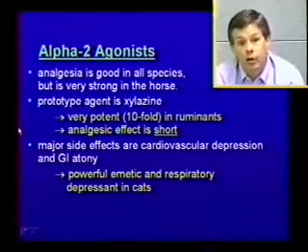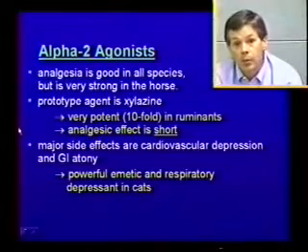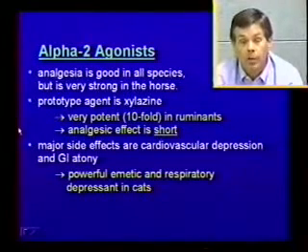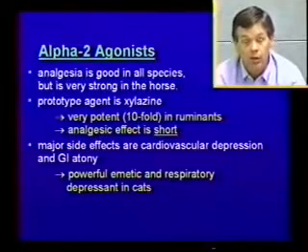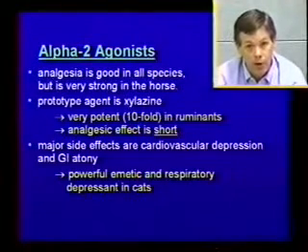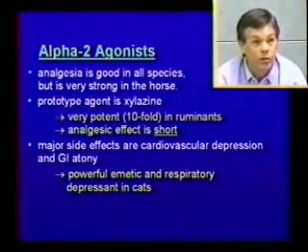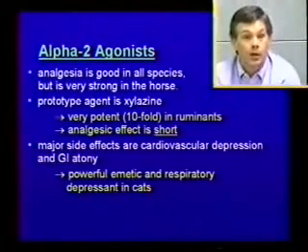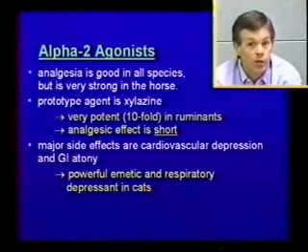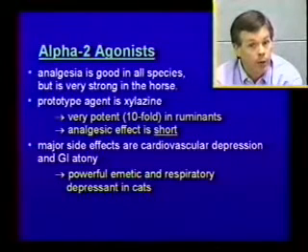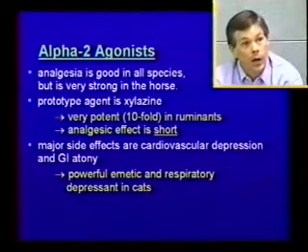Major side effects with these drugs, probably the biggest concern is the cardiovascular depression that can occur. There can be initial cardiovascular stimulation, initial rise in blood pressure might be noted with these agents when first administered, particularly with the intravenous administration, but that quickly reverses into what can become a quite profound cardiovascular depression with a remarkable drop in blood pressure and a remarkable drop in heart rate as a result of that.